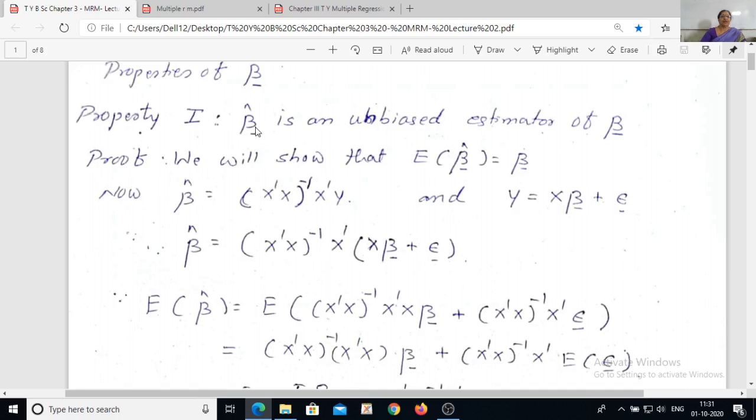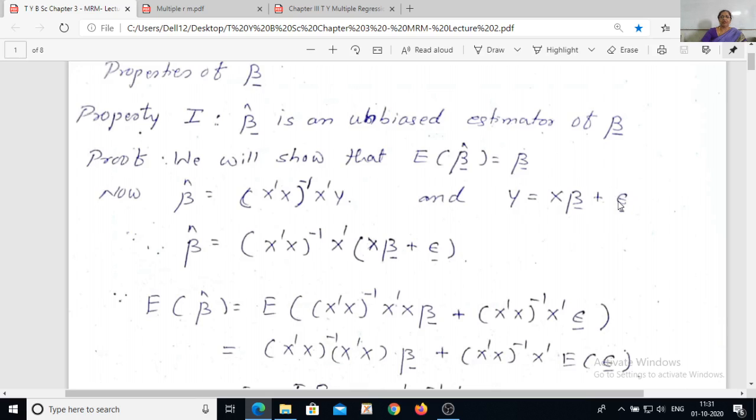When we call beta cap an unbiased estimate of beta, one has to prove that the expected value of beta cap is beta. Now, as earlier stated, beta cap is (X prime X) inverse X prime y. And what is y? My regression equation of y on X, where X is a matrix, is y equals X beta plus epsilon, where epsilon is the error component.